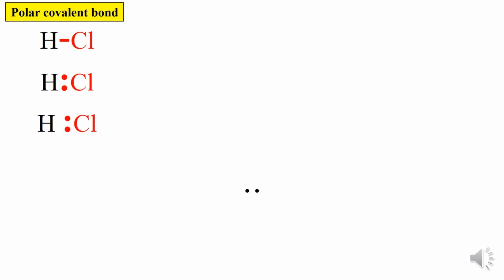Now the chlorine atom attracts or pulls the shared pair of bonding valence electrons closer to itself, and this is shown by an arrow head pointing towards the chlorine atom.